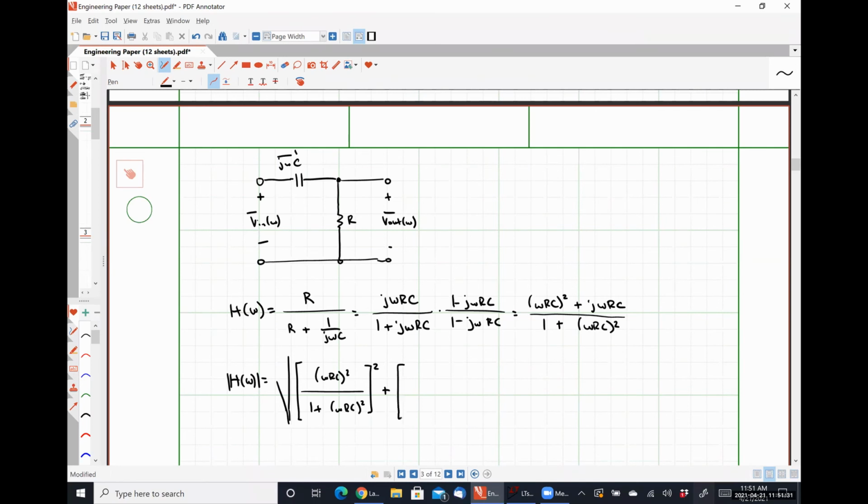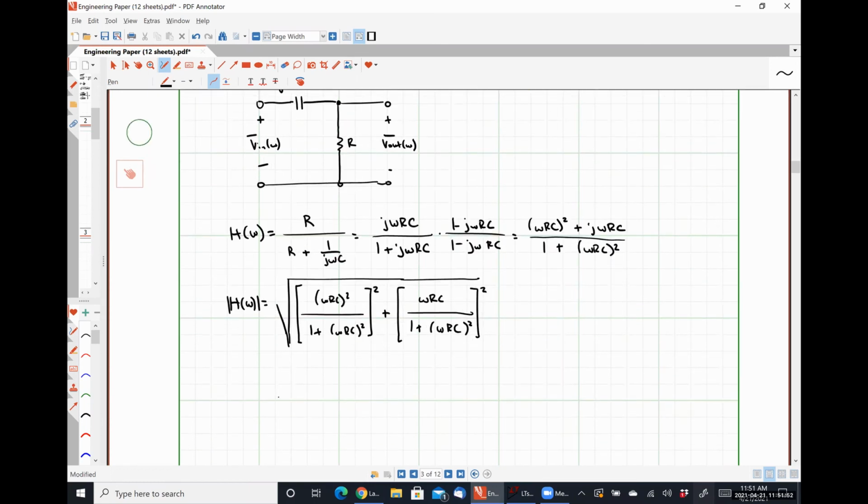So that's the real part squared. Then I'm going to have my imaginary part. Square that.